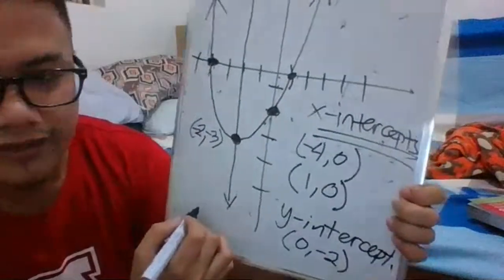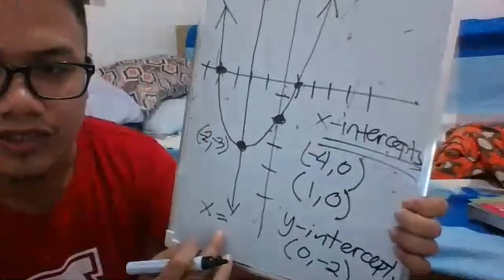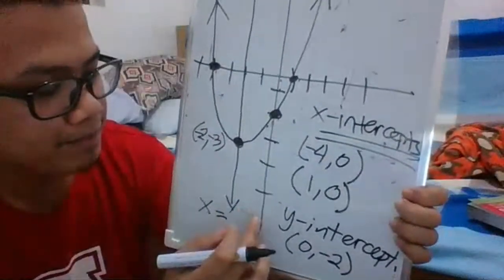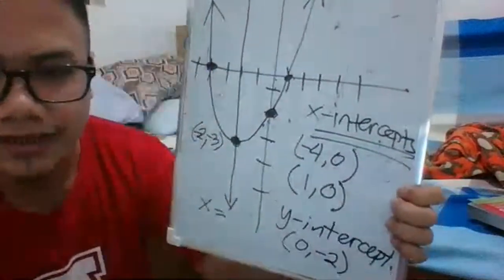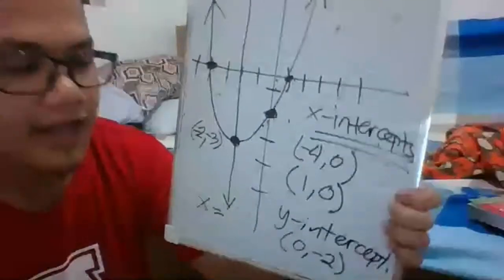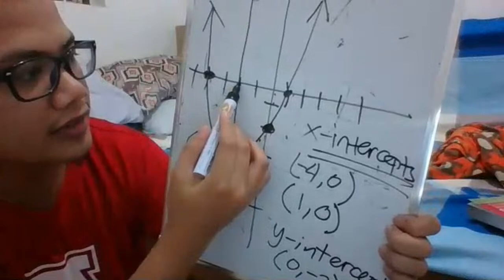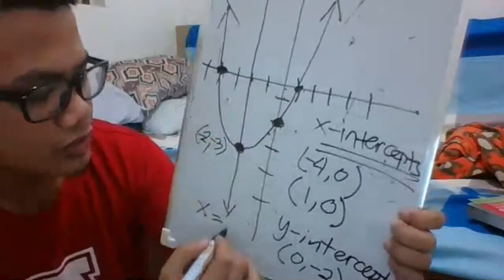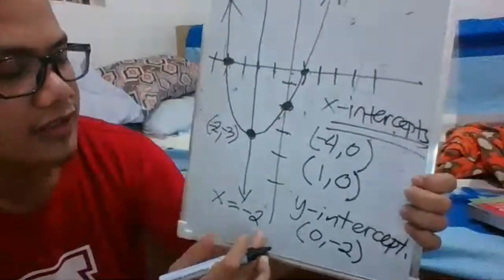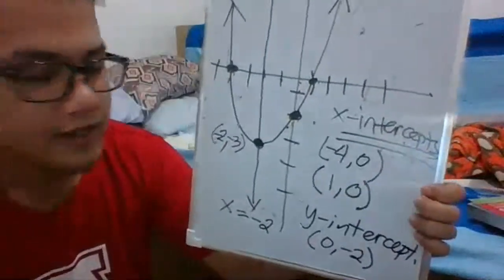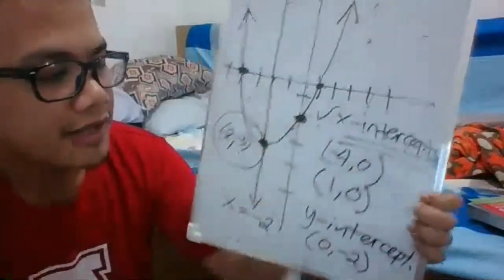So, your directrix is always x equals, because it's a simple vertical line. Okay? So, anong point dumaan yung directrix sa 1, 2? So, negative 2. So, x is negative 2. So, again, ang gagawin lang, identify si vertex, si x-intercepts, directrix.